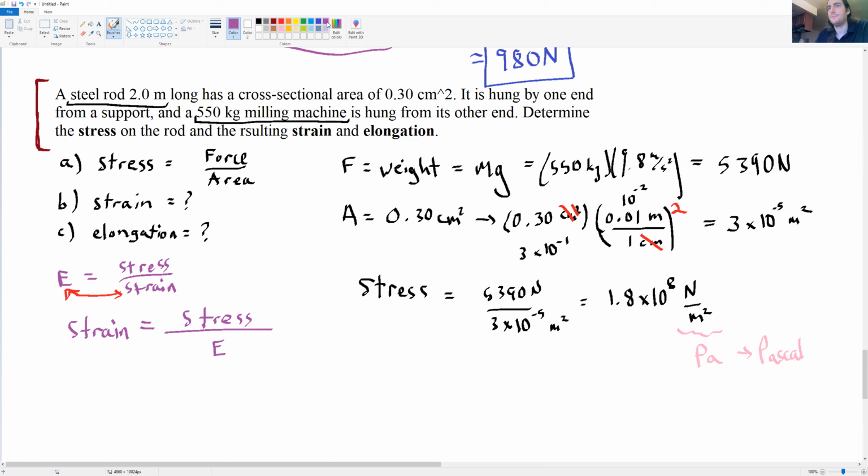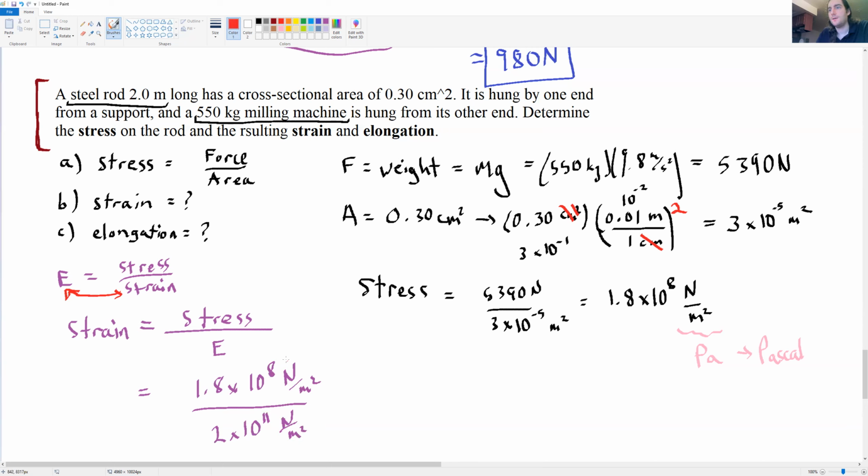When we do that, we have that the stress is 1.8 times 10 to the 8 Newton per meter squared, and the elastic modulus for steel is 2 times 10 to the 11 Newton per meter squared.